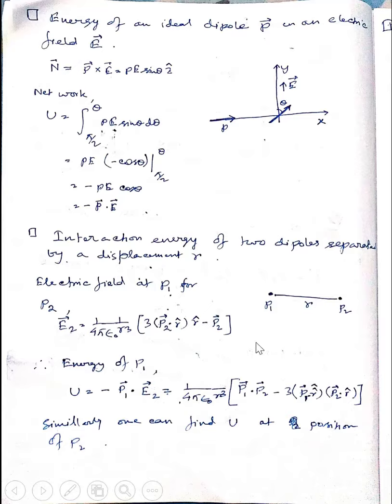So this is the interaction term, and this is also an important expression. Please remember at least this electric field expression. If you remember it, and also the energy term, you can easily find this interaction energy.